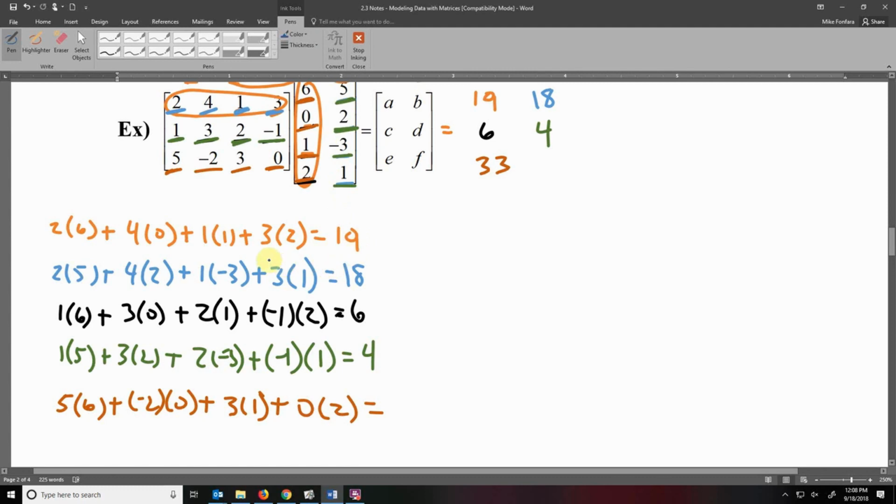And then the same last row by the last column. 5 times 5. Negative 2 times 2. 3 times negative 3.